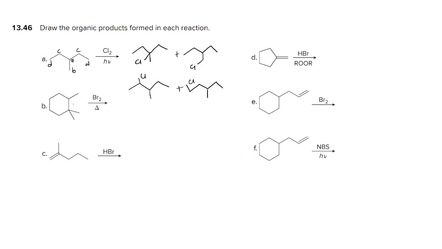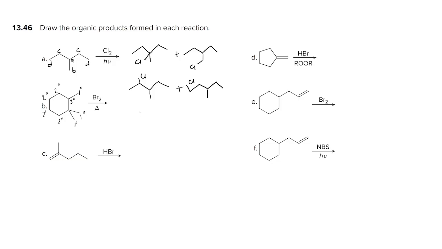Let's look at it: we have here a tertiary carbon, and we have here a primary, and these are all secondary carbons. And again, bromination will be exclusively at the tertiary position.